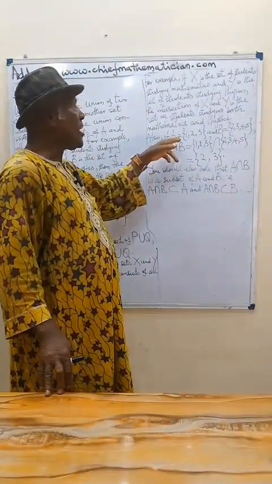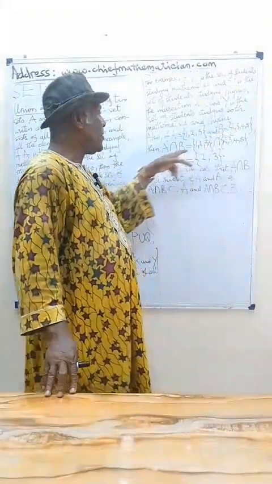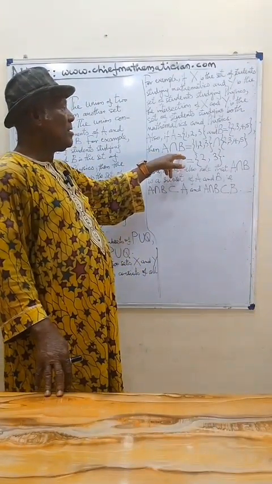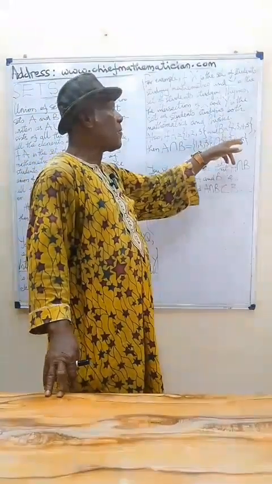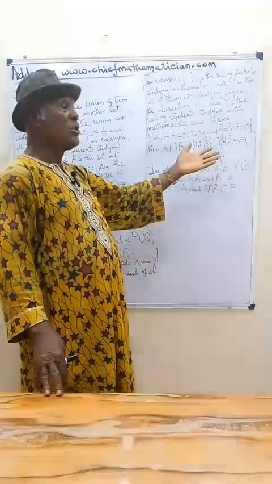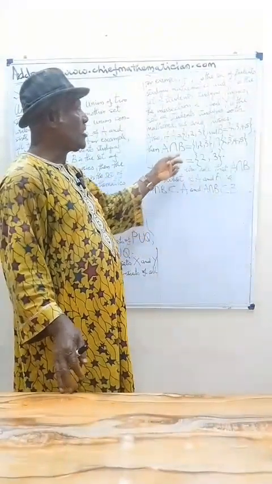Also, if A is equal to the set 1, 2, 3 and B is equal to the set 2, 3, 4, 5, then A intersection B is the set 1, 2, 3 intersection 2, 3, 4, 5, which gives you the set 2, 3. What do you observe? These are the elements that are common to the two sets.